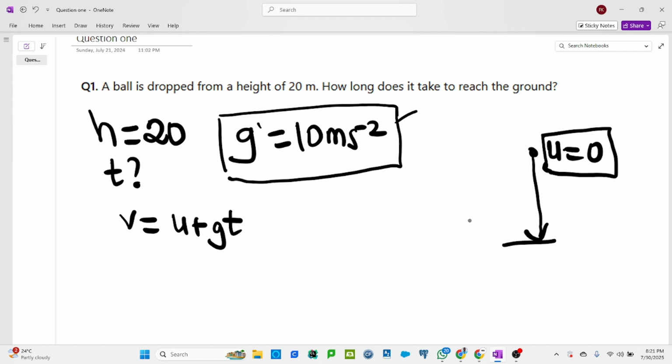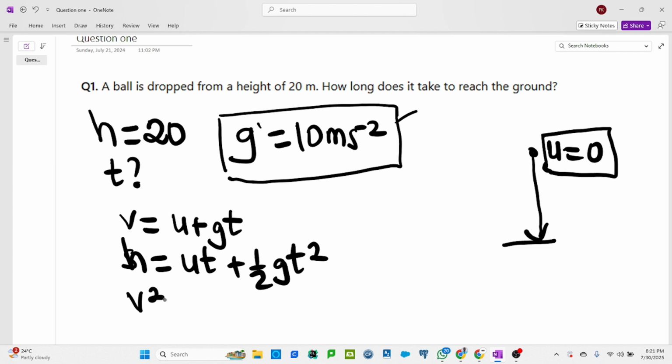Yes, sir. Okay, so now let's see which equation we are going to use. Now that we know those, H is equal to UT plus half GT squared. The value for G, is it going to be positive or negative?